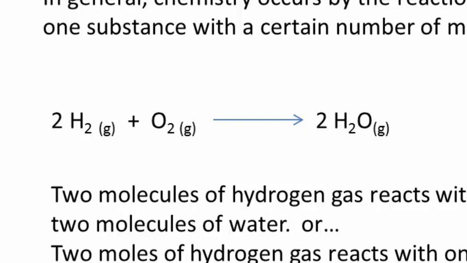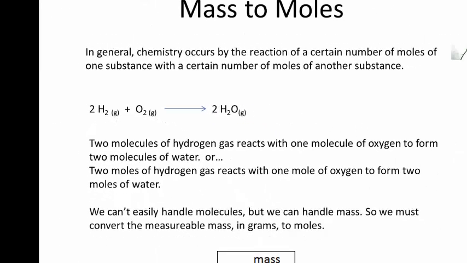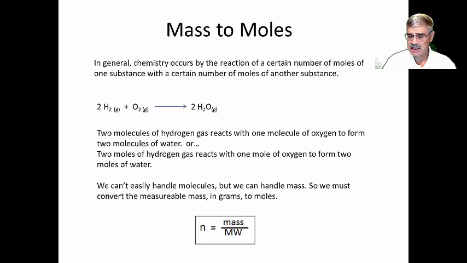We have two hydrogens, happen to be in a gas phase, plus an oxygen, happens to be in a gas phase, going to two water molecules. Now, what we mean by such a reaction is that two molecules of hydrogen gas react with one molecule of oxygen gas to form two molecules of water.